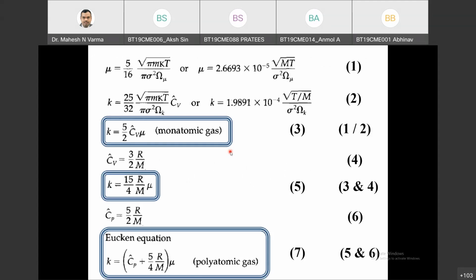And then mu also. How to get the mu? I guess from the graph. Yes, very good.